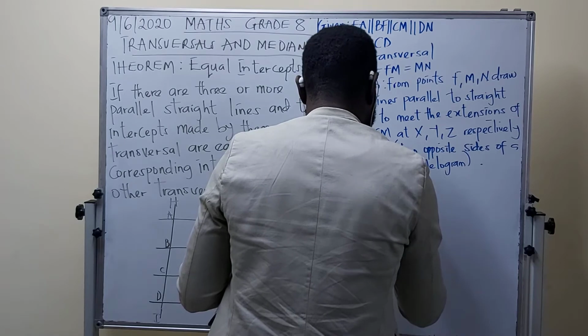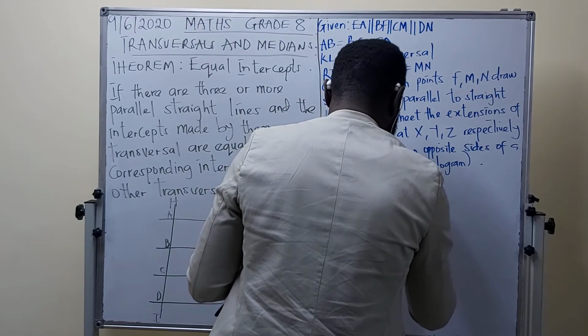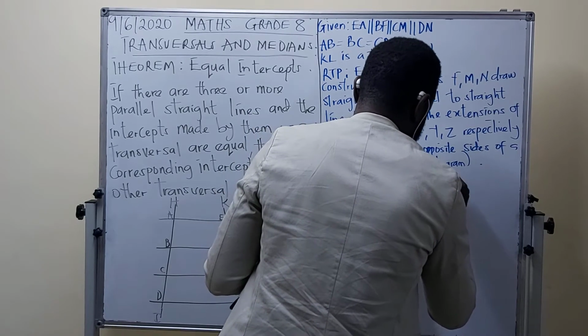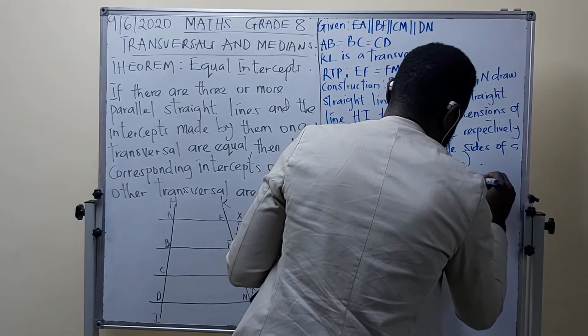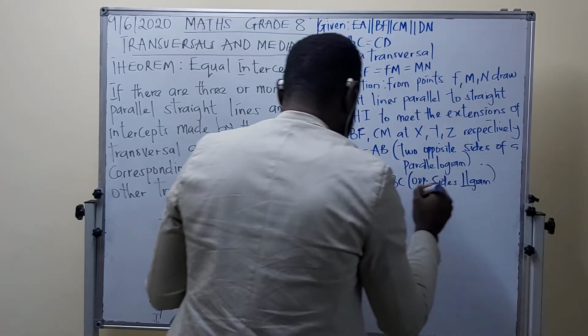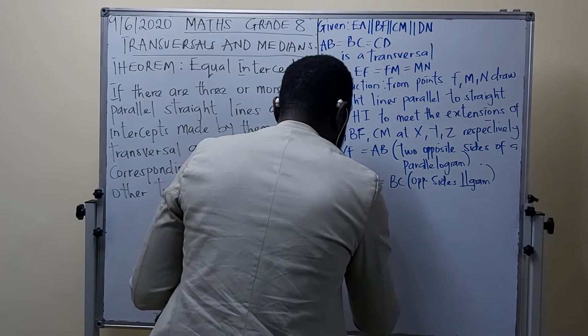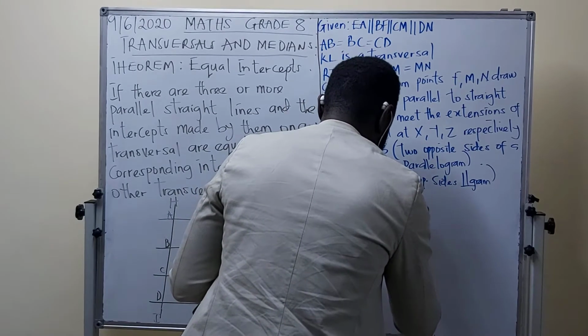Then also YM equals AC, opposite sides of the parallelogram. AB equals BC, given.